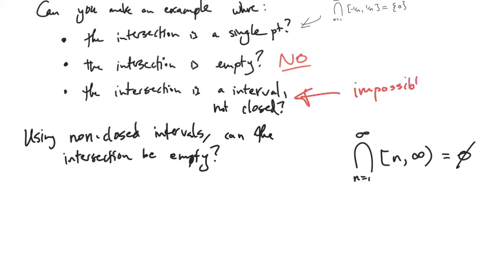It is a fact, and it's kind of a big theorem, that any intersection of infinitely many closed intervals becomes a closed set. And what a closed set means is it's either a closed interval or a single point, which are the options that we've already discussed. So it is not possible to make an interval that's not a closed interval.